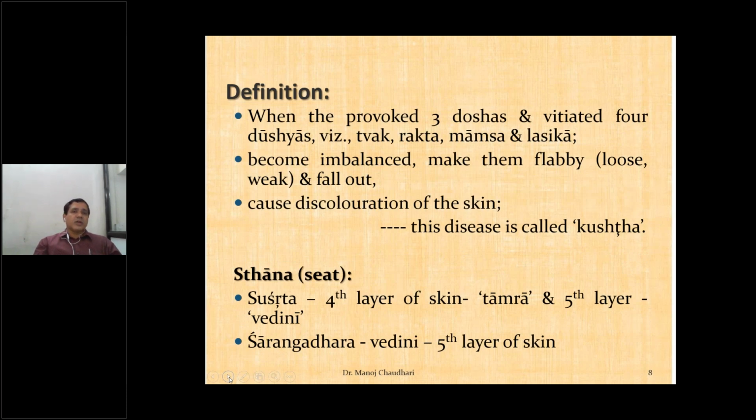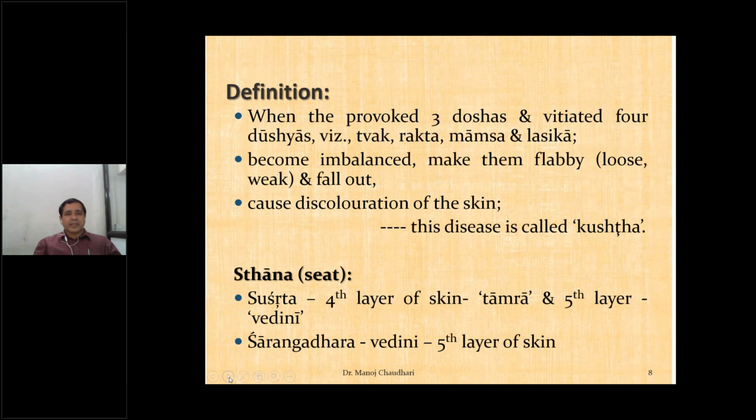Again, the definition: when the three provoked doshas and the four vitiated dushyas, that is Tvak, Rakta, Mamsa and Lasika, become imbalanced, it makes the skin flabby and slowly it falls out, causing discoloration of the skin. This whole scenario is called Kushtha.